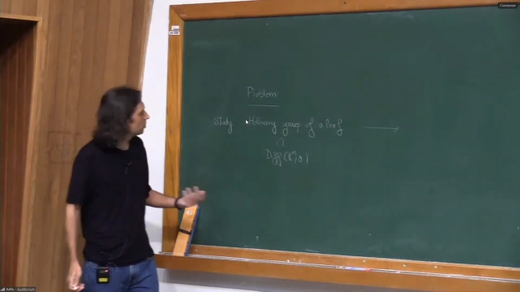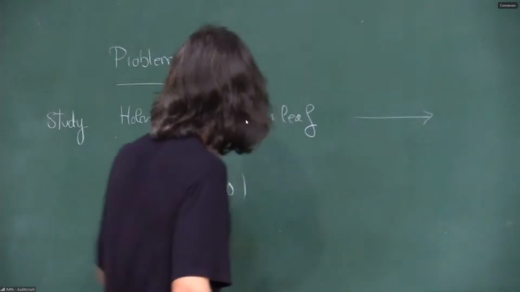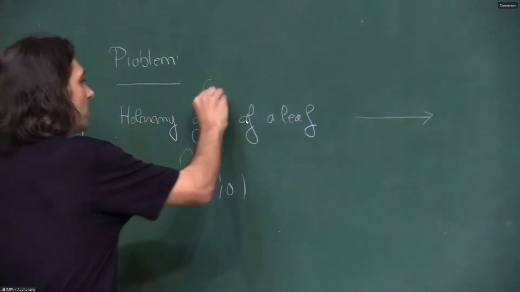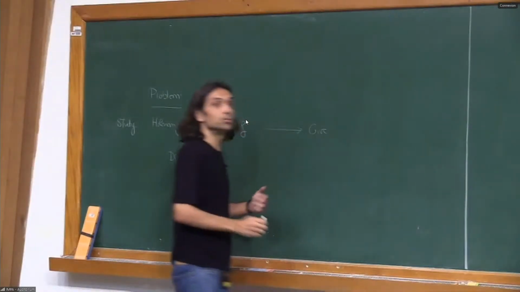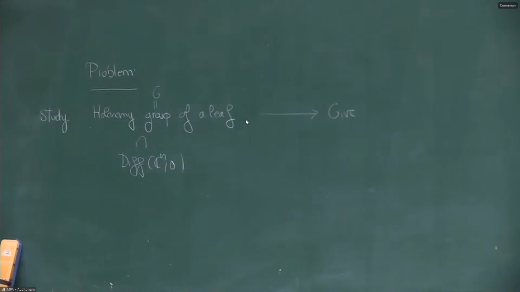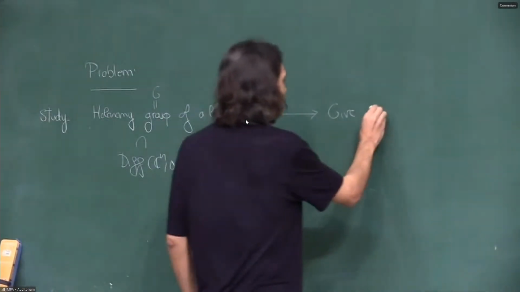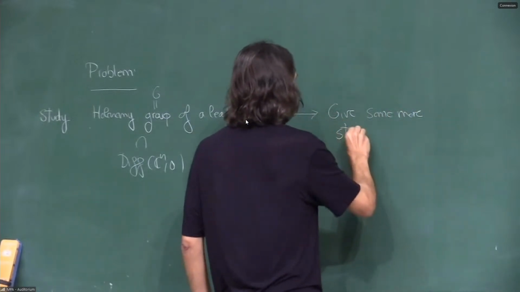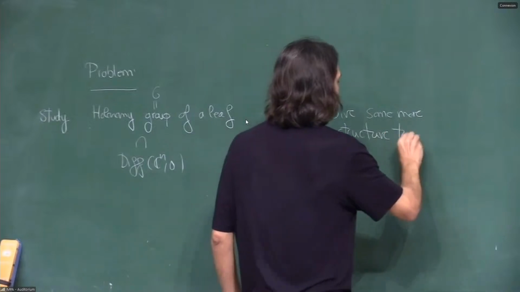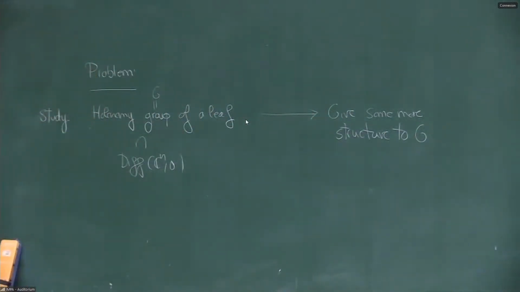What you want to do here is give to the group, let's call it G, some more structure, to make this group bigger in some sense. In this way we are going to get a group that contains other elements, because the way of giving a structure is extending the group.